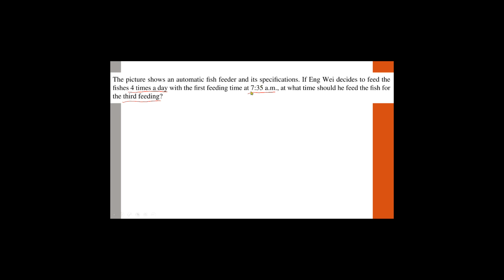7:35. Okay. So if you want to feed the fish 4 times a day, you have to determine the number of hours that we have in a day. How many hours do we have in a day? 24 hours. So we are going to divide by 4, because we want to feed 4 times a day.